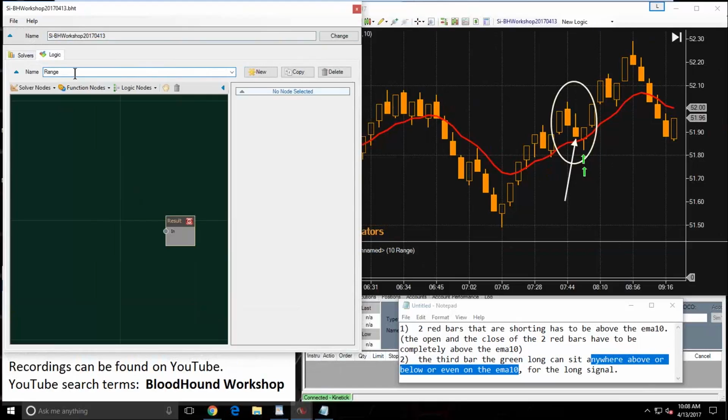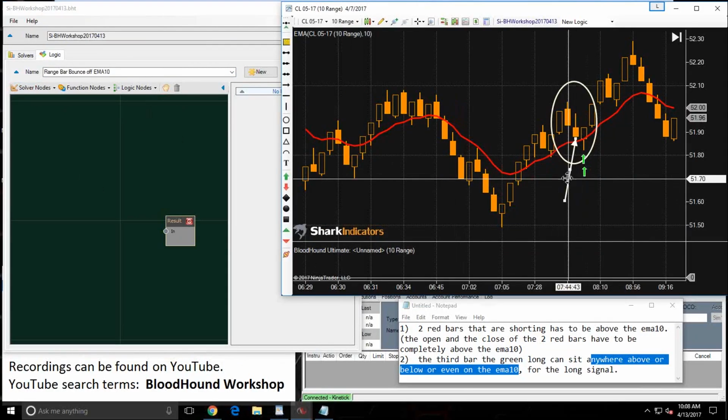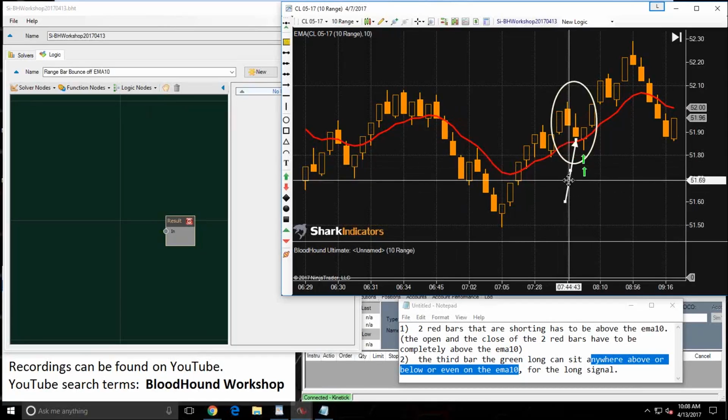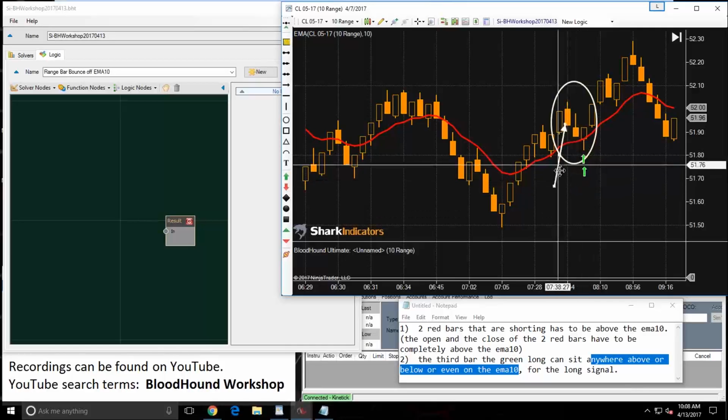I'll call it range bar bounce off the EMA 10, something like that. First thing that we're looking for, something really simple, is 2 bars in the same direction. So we're looking for 2 down bars to generate a long signal here.